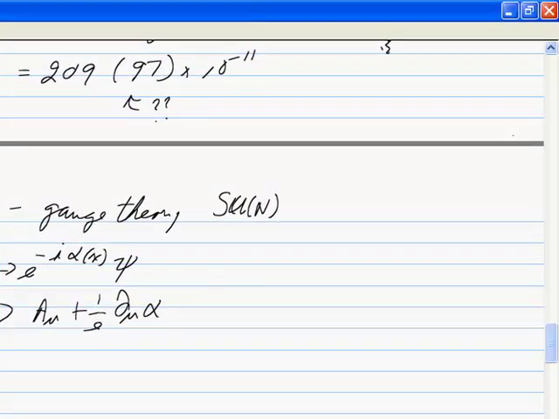When I did it the first time, I put an e up here and there was no e here, but it's just a relative factor. Alpha is arbitrary. In group theory language, this is U(1), the unitary 1-by-1 matrix, which is represented by just a phase. So this is a U(1) gauge theory.